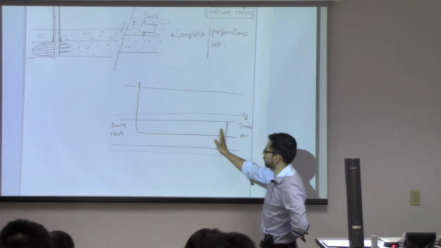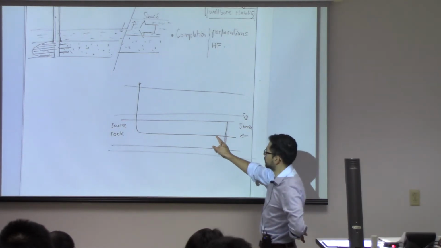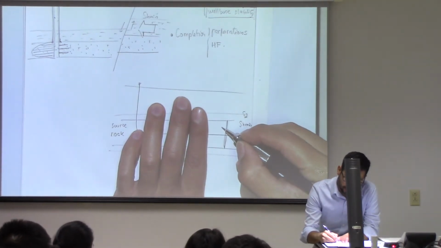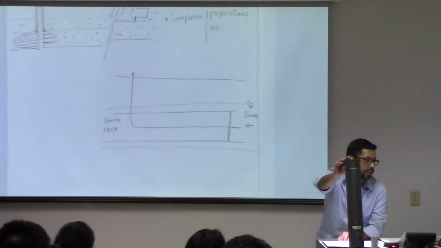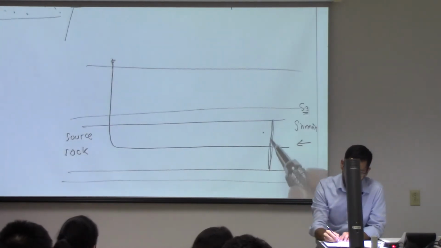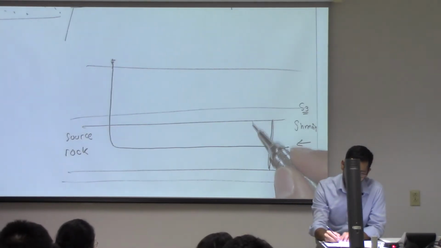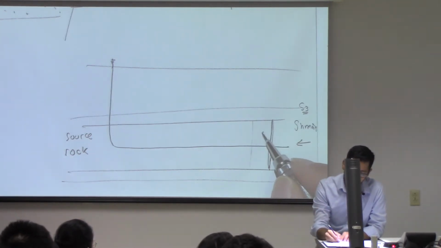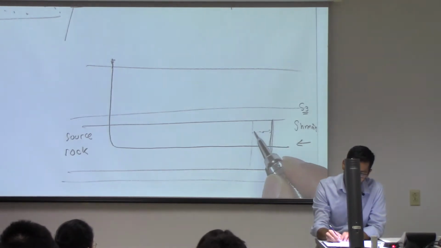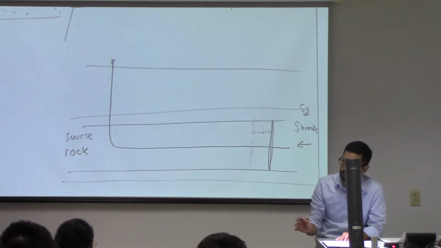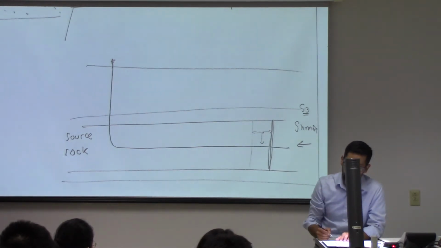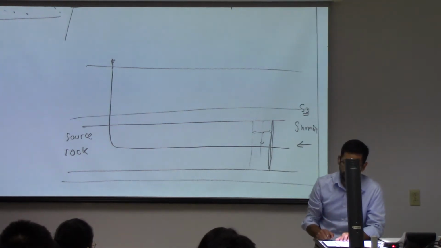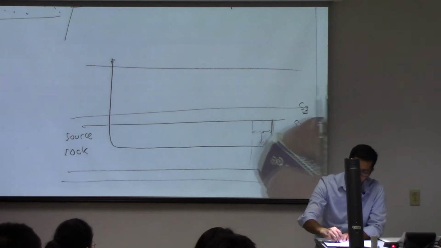At some point, you don't want to put them too close, because if you were a molecule of oil over there and you put a fracture, say, over here, then it's going to take more or less the same time to get there than to get there. Or if we are assuming an open hole condition, also the same time. So you don't want to put your fractures too close, because that's going to be unnecessarily too close, right?